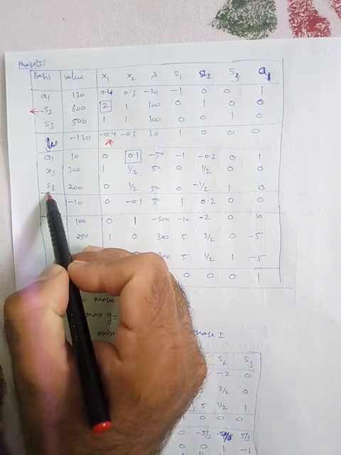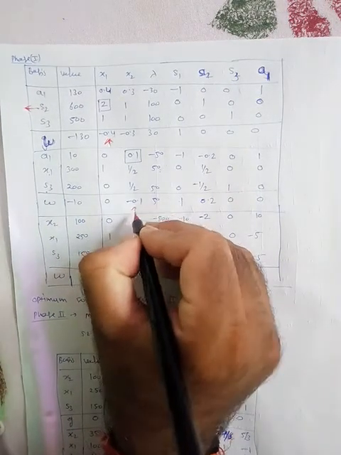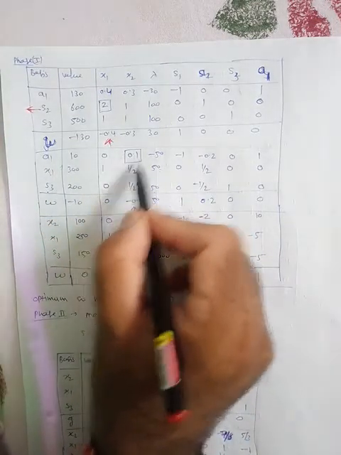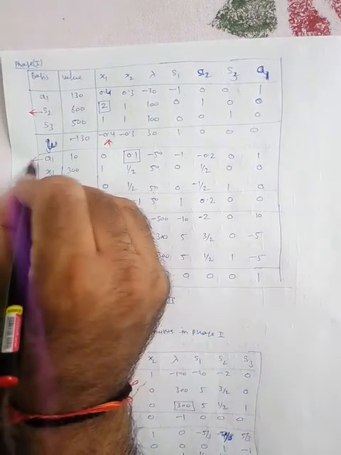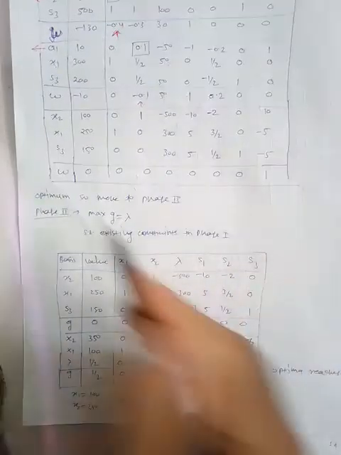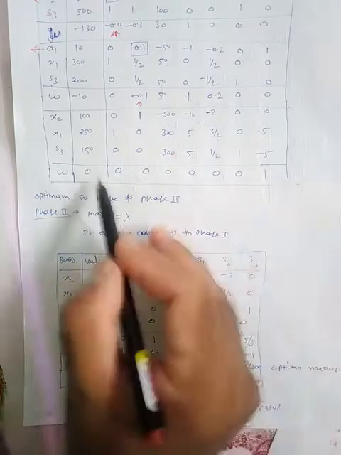This is the revised table. Again here is one negative value, so X2 enters the basis, and we find the ratio for the positive values. Corresponding to this, A1 will leave the basis. In the next table there is no negative value and no artificial variable present, so optimality is reached.